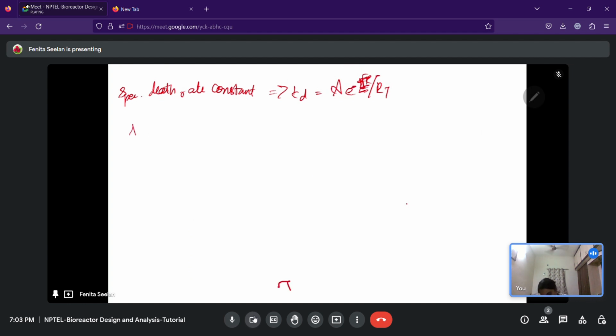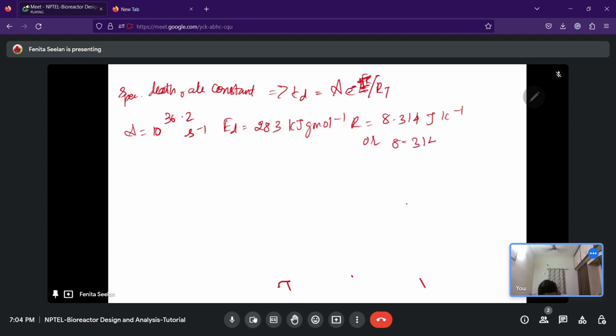The A value is given, and the activation energy you can write in joules to convert.